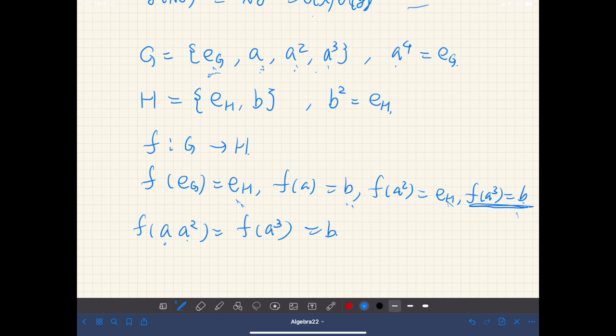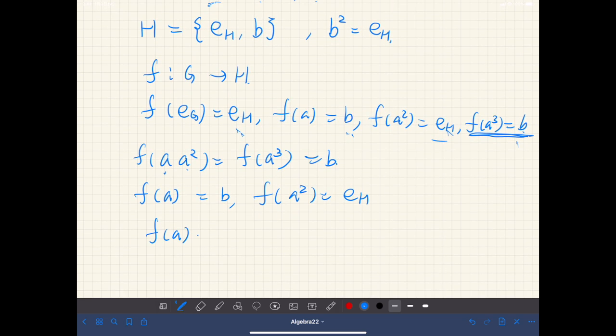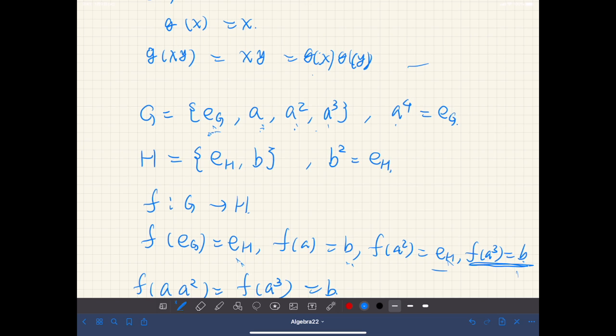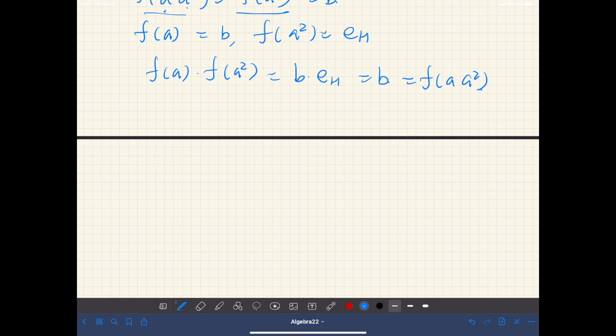Okay, now f of a is b, and f of a squared is e_H. So f of a times f of a squared is equal to b times e_H, which is equal to b, which is equal to this. And you can do this similar calculation for every pair in G, and that will show us that this f is indeed a homomorphism.